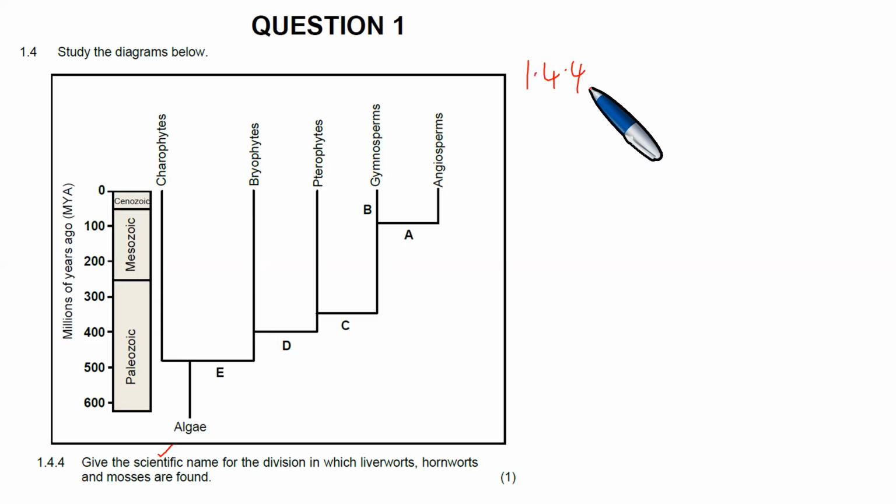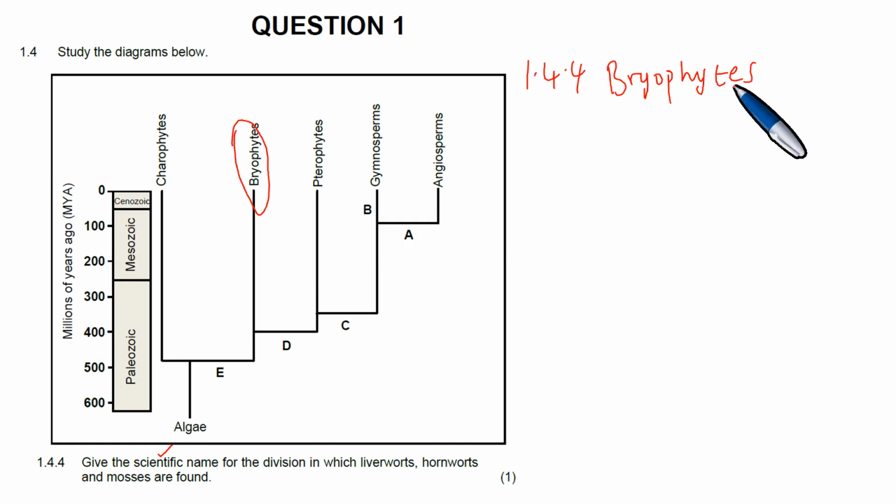You need to look at these very carefully and think. The scientific name for the division in which the liverworts, the hornworts, and the mosses are found is actually this term here. Those are the bryophytes. The bryophytes refer to the division in which liverworts, hornworts, and mosses are found.